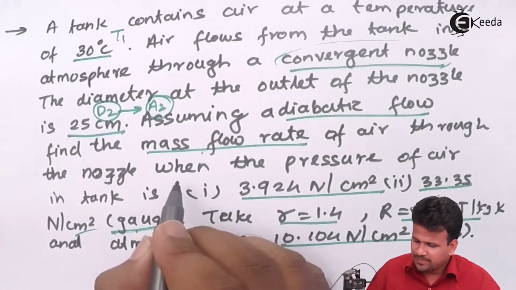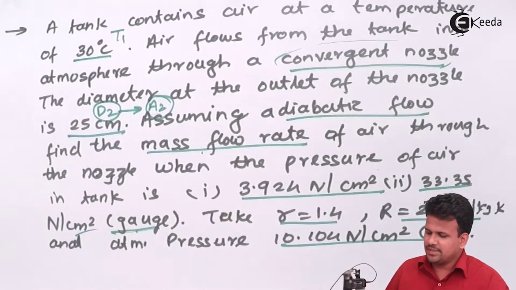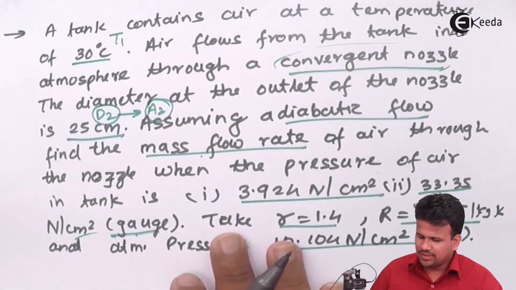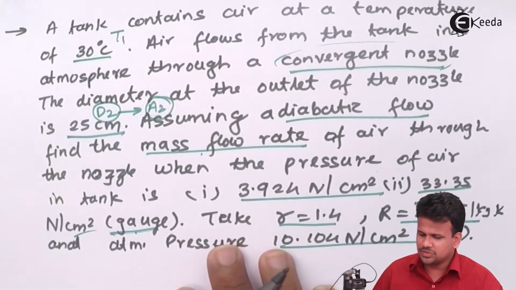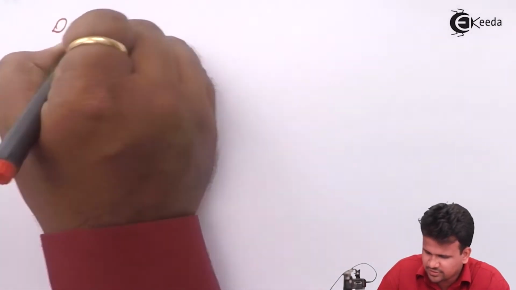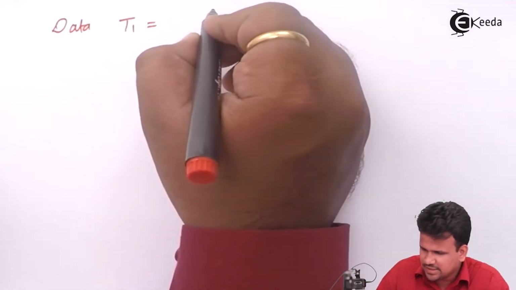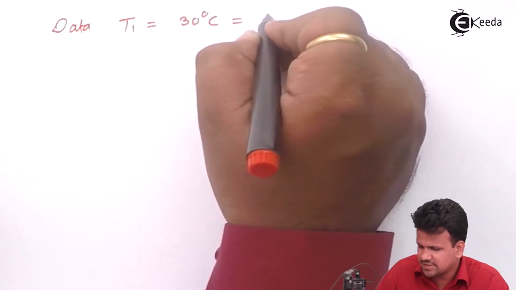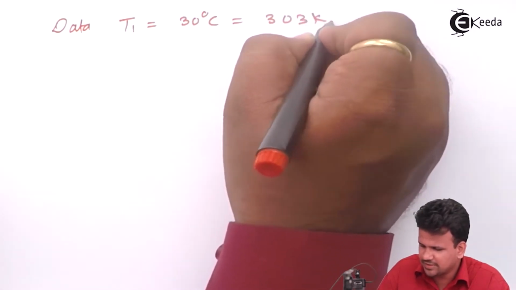The main feature over here is the mass flow rate. So let us write down the things which we know. First is the temperature: T1 is equal to 30 degrees Celsius, that is 303 Kelvin.